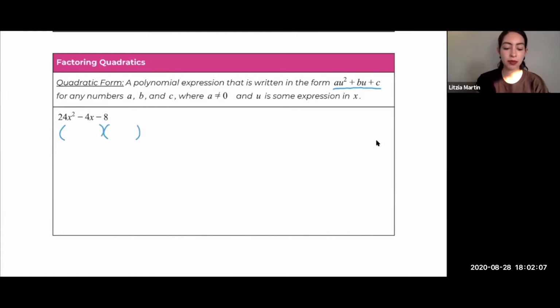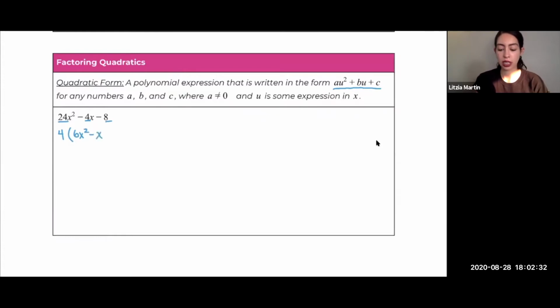And then, actually, before I even do that, let's start with the greatest common factor, because I'm looking at this and I see the numbers 24, 4, and 8. And so all of those have a 4 in common. So I'm going to factor out a 4 just because I know that's going to make factoring a lot easier.